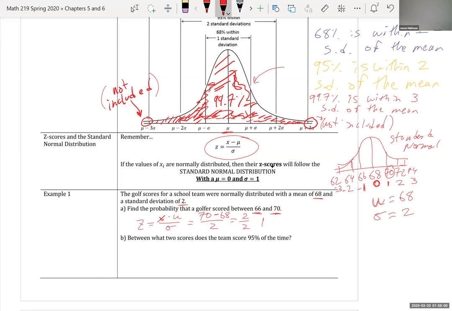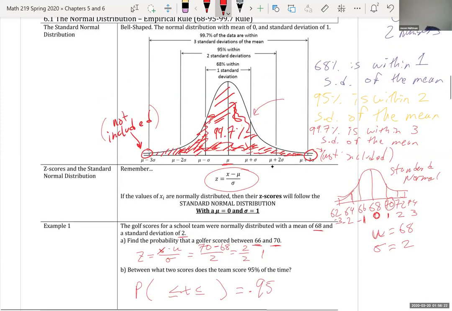Between what two scores does the team score 95% of the time? We want to know between what two scores the probability of x is equal to 95%. We're going to use 2 standard deviations.